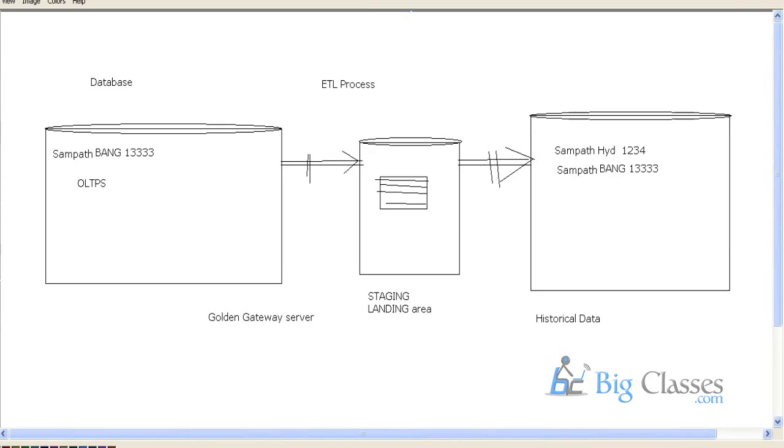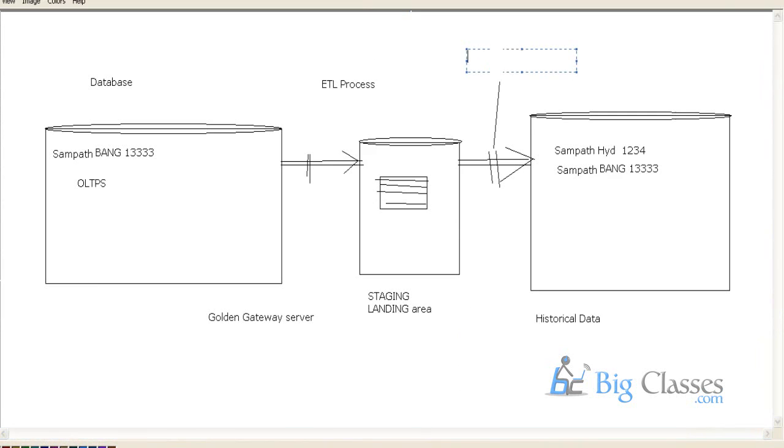But from staging, on an hourly basis, we are going to execute our jobs. From here, we get the data on an hourly basis. But from OLTP to staging, whenever there is a change, the data is immediately dumped into staging. Now we extract data from staging and put it into your warehouse.